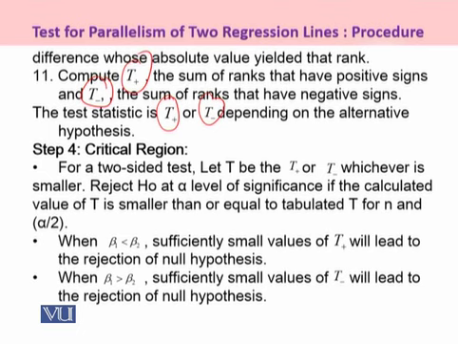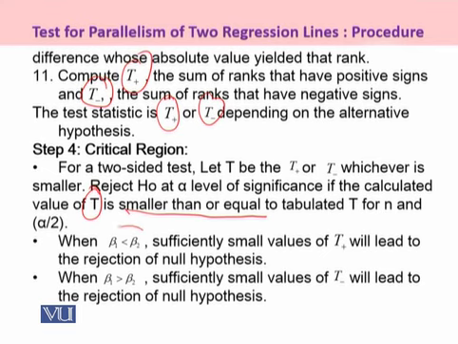Under step number 4, which is the critical region, if it is a two-sided test, then let T be the T plus or T minus, whichever is smaller. We reject H0 at alpha level of significance if the calculated value of T is smaller than or equal to the tabulated T for n and alpha by 2. So this critical value, students, will be obtained from the Wilcoxon signed rank test critical table.